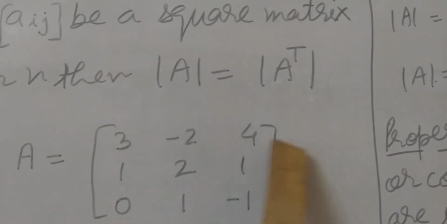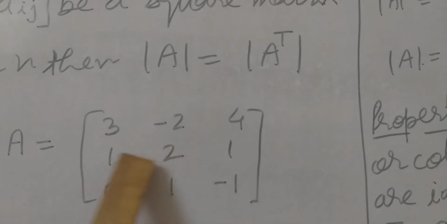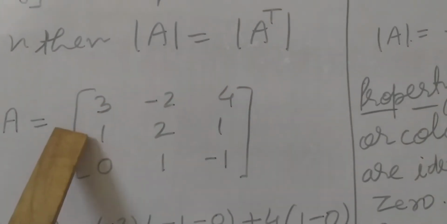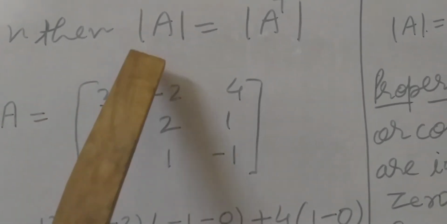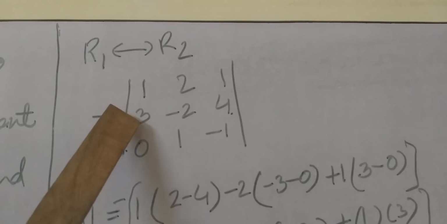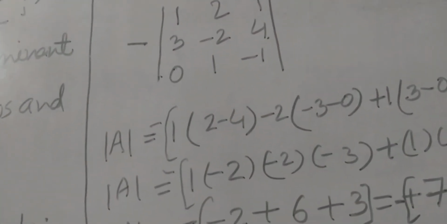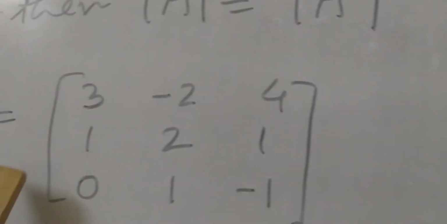You can see this is R1, this is R2. So in the place of R1 I will write 1 to 1, and in the place of R2 3, minus 2, 4. So this determinant becomes negative, students, you can see.